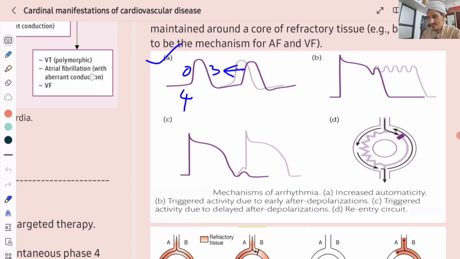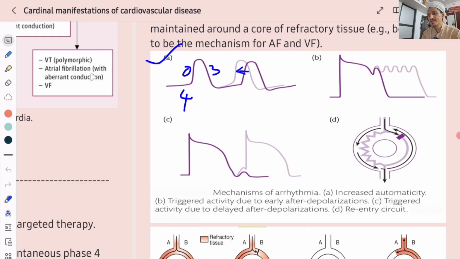The light maroon colored line which is there behind this dark color shows that it is pulled. See, this phase is pulled, it becomes straight.